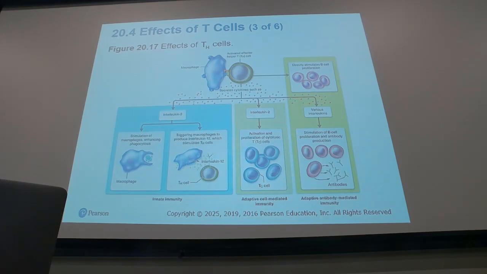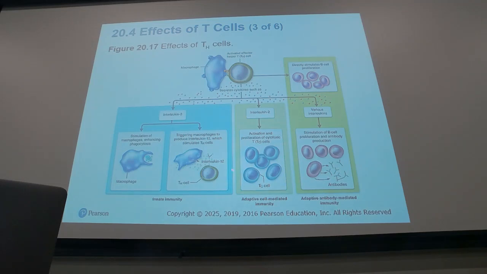And you have release of cytokines like interleukin-3, interleukin-2, and other ones, maybe interleukin-1, that are going to stimulate, in the case of these B cells, the formation of antibodies. So that's when the helper T cells can say to the B cells, well, make some antibodies.